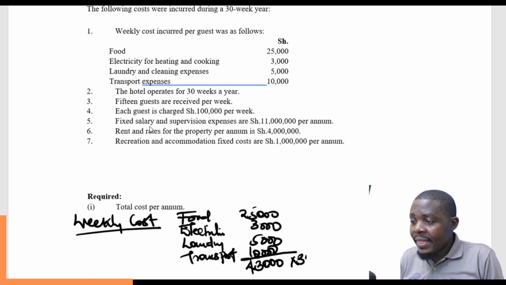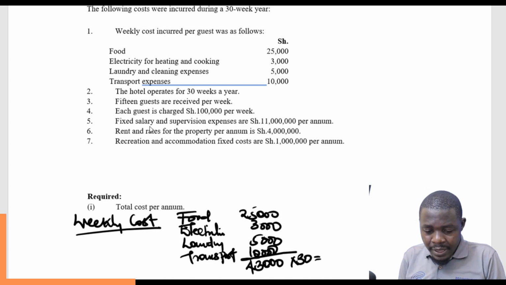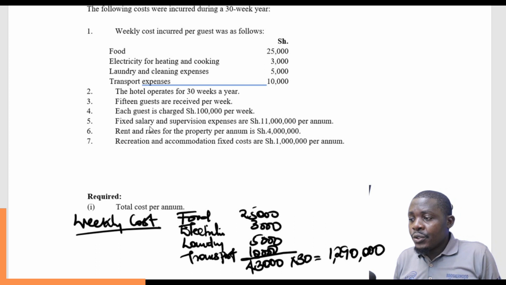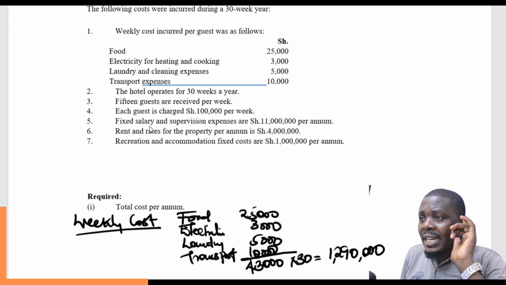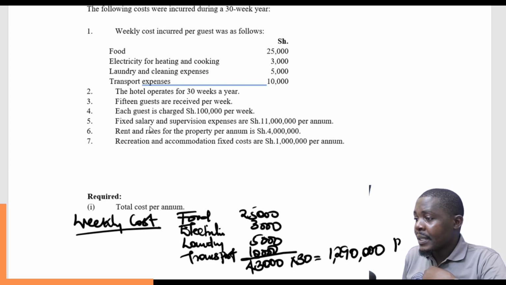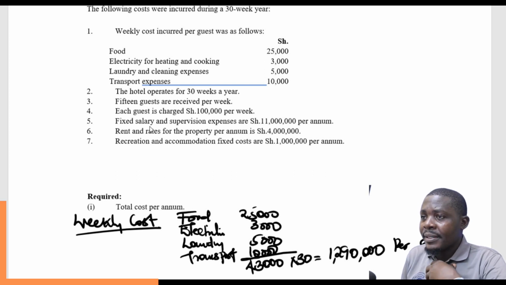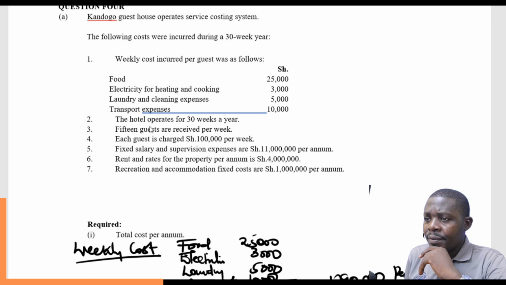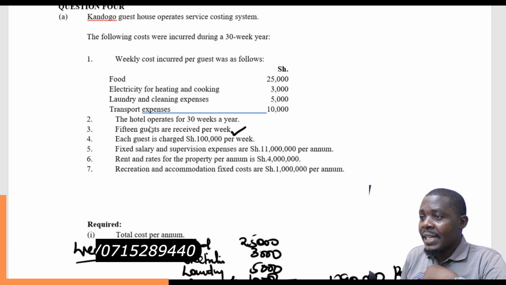We multiply this by 30 and get 1,290,000 as the cost incurred per guest. But how many were they? We are told 15 guests are received per week.